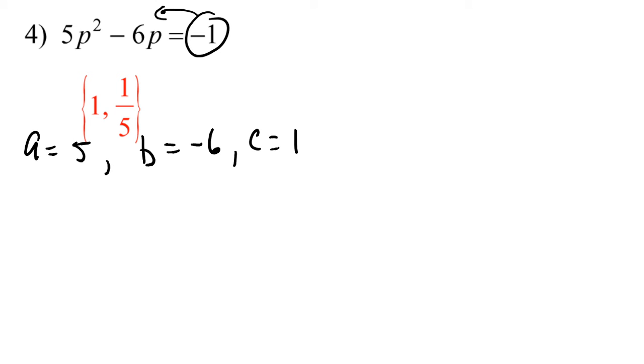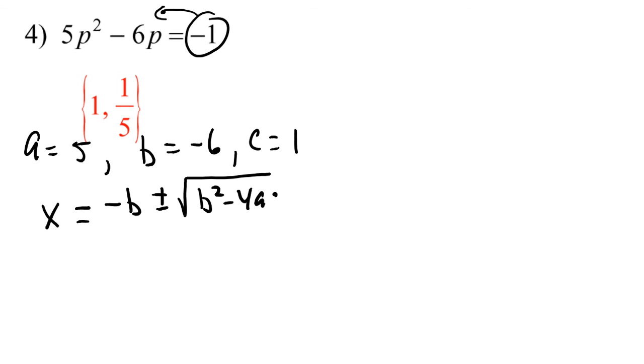Alright, so we've got A, B, and C, so then we need to plug that into the quadratic formula. So remember that the quadratic formula is x equals -b plus or minus the square root of b squared minus 4ac, all over 2a. I usually write the formula and then plug in what I know.